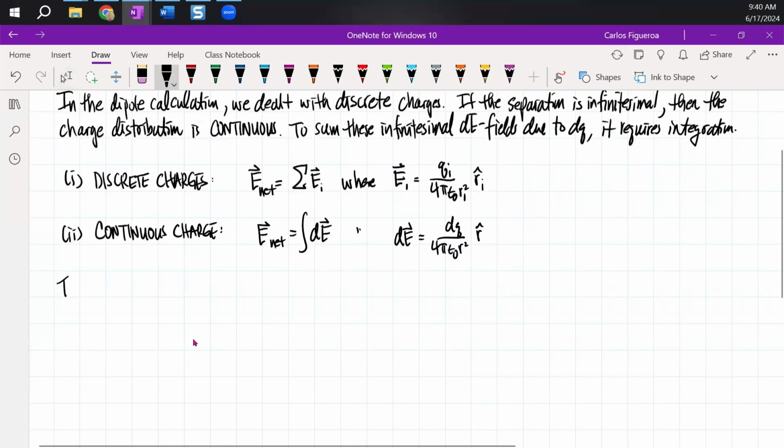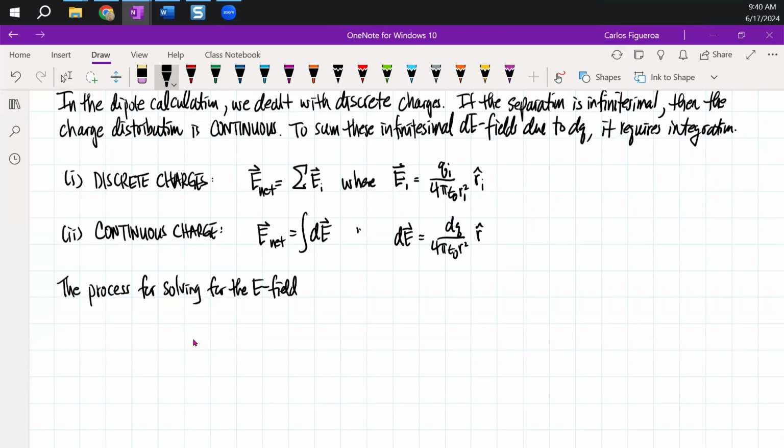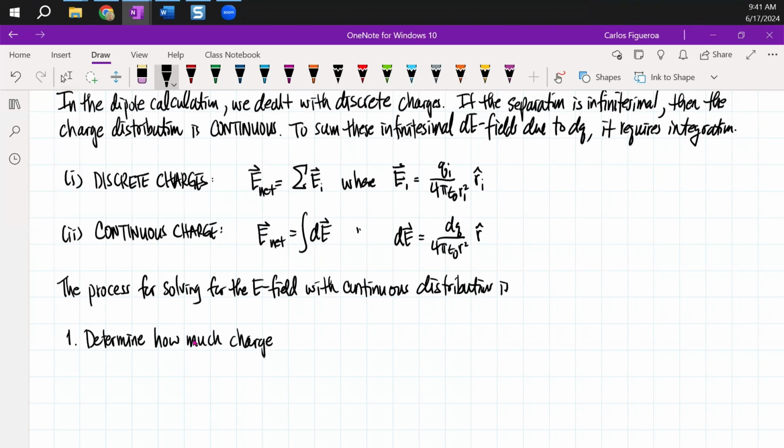So the process for solving for the electric field with continuous charge distributions is, one, you have to determine how much charge dq is there.